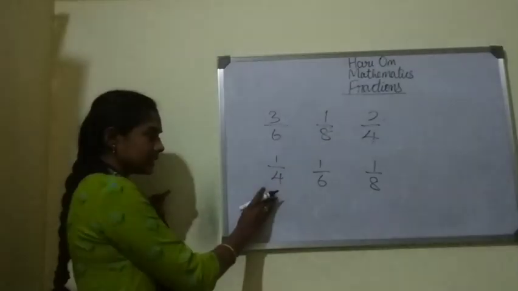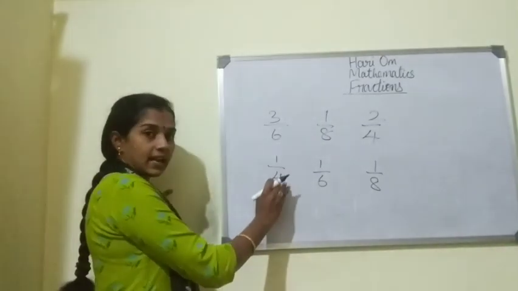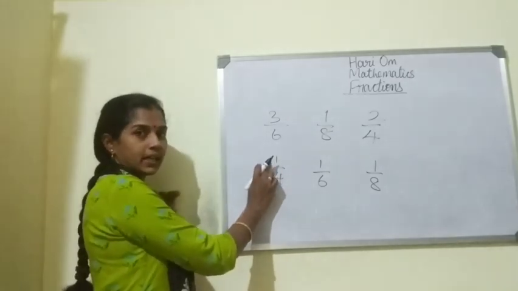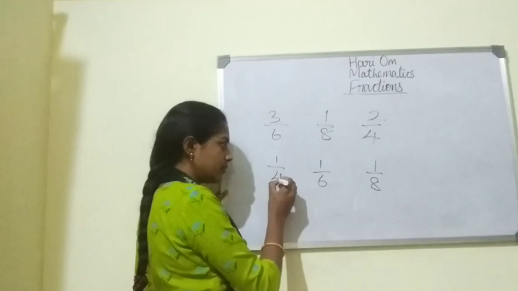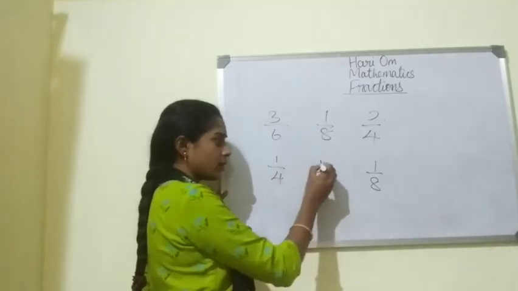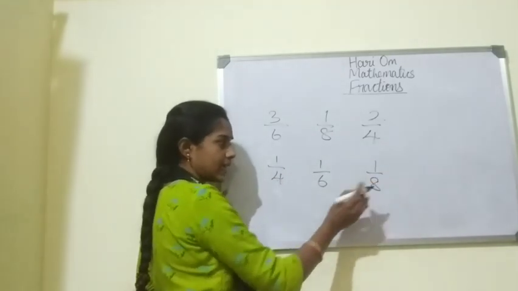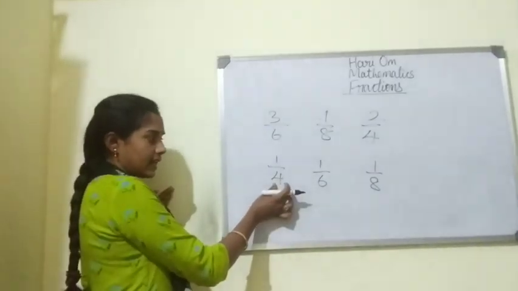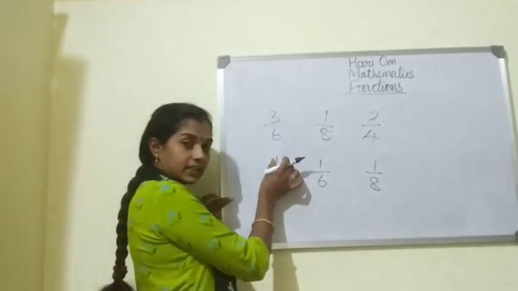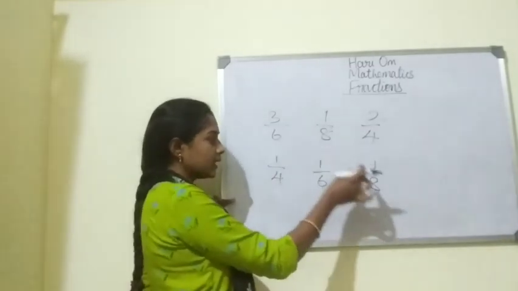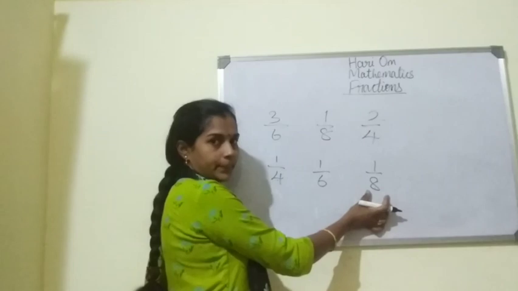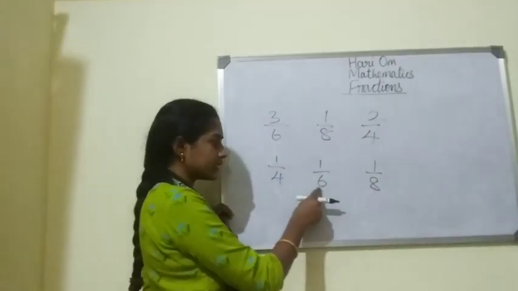Now let us learn arranging unlike fractions with the same numerator. It is 1 in the numerator: 1 by 4, 1 by 6 and 1 by 8. We have the same number in the numerator, and in unlike fractions with the same numerator, we have 4, 6, 8 in the denominator.